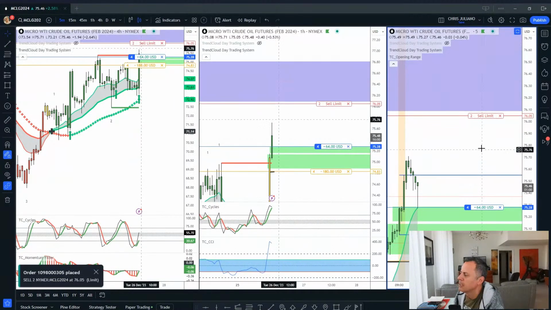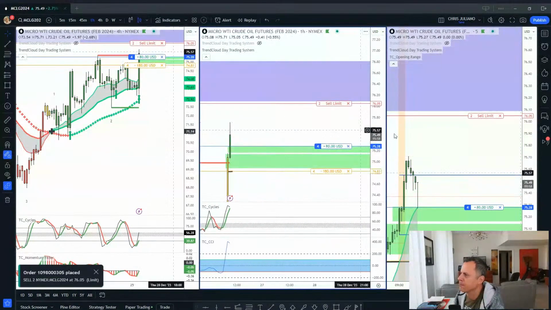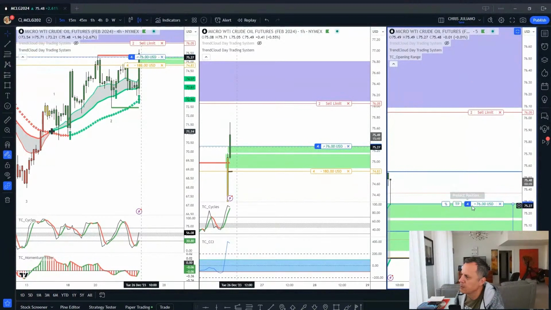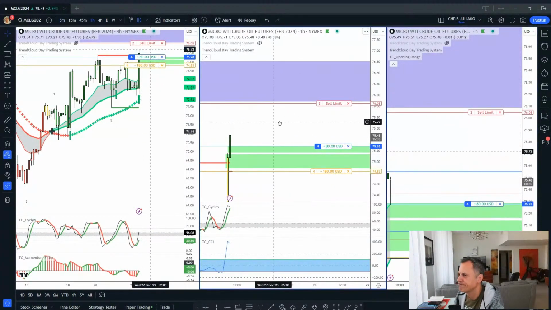There we go. Now what this will do is when we get to this target, it will take off 2 of our 4 contracts, and it will leave us with another 2 contracts that we could manage right here with our stop loss.